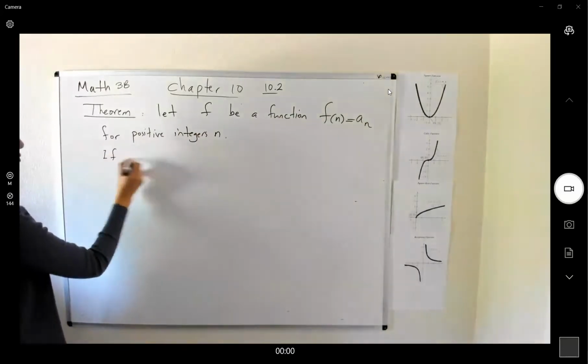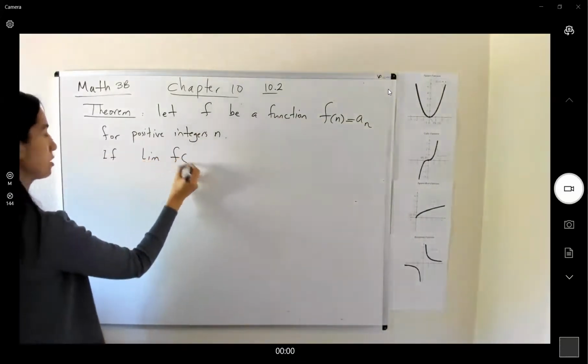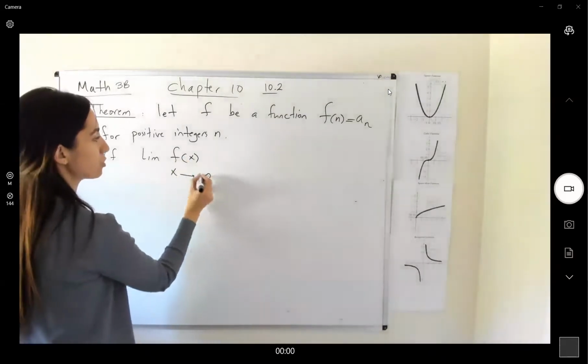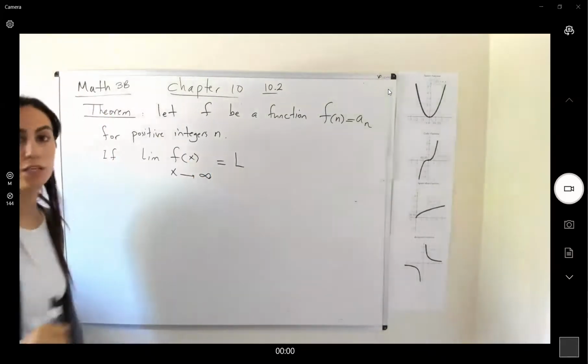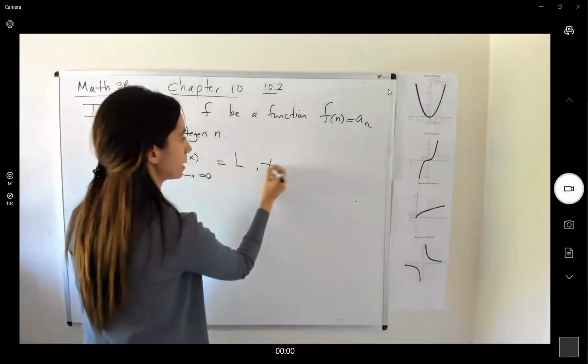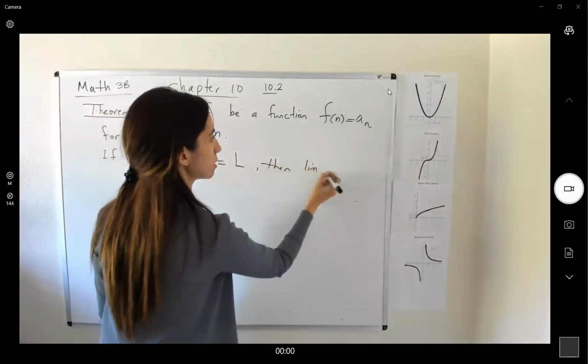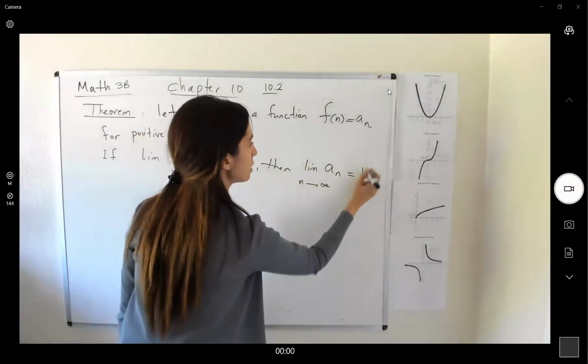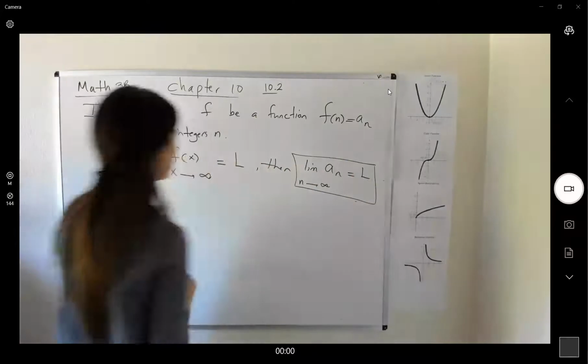If the limit of f of x while x goes to infinity is equal to L, then the limit of a sub n while n goes to infinity is equal to L as well.